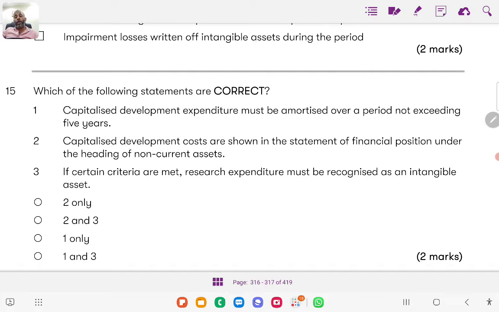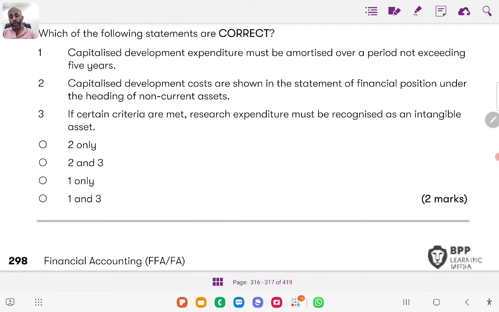There is no connection to this 5 years here. The 5-year story comes from the previous version of IAS 38, but that has been revised, and the latest update doesn't require any such notification or requirement for 5 years. So answer number 1 is wrong. If answer number 1 is wrong, then options 3 and 4 are out, so it is between option 1 and 2.